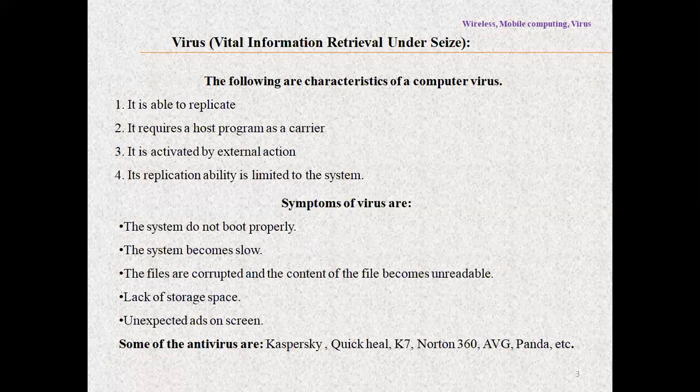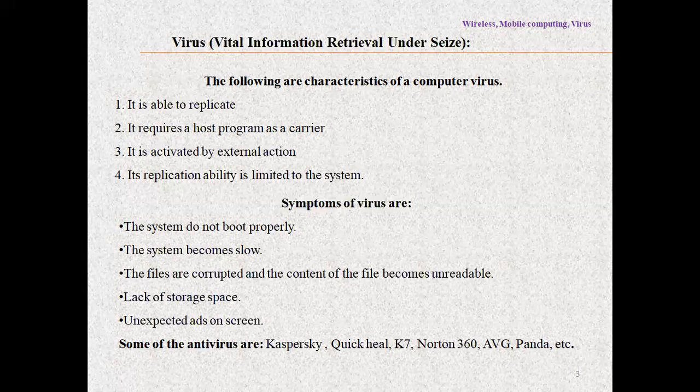Next is symptoms of virus. Means how can we come to know that our system got affected with a computer virus? Sometimes your system or computer may not boot properly, or while you're working, you may feel computer becomes slow.